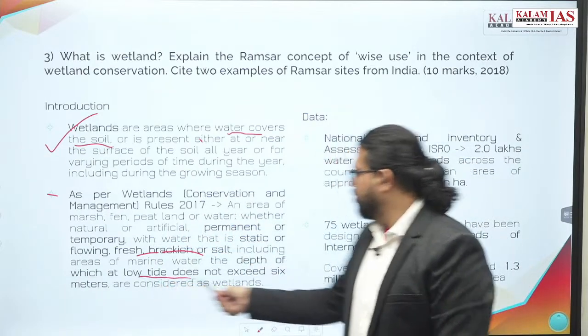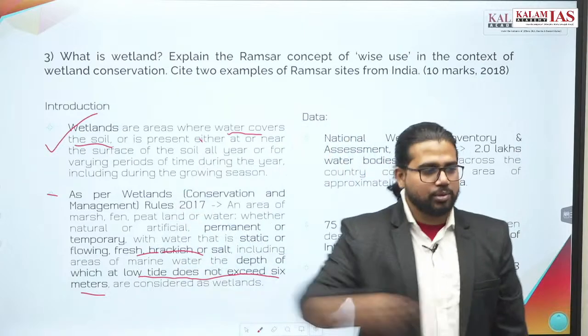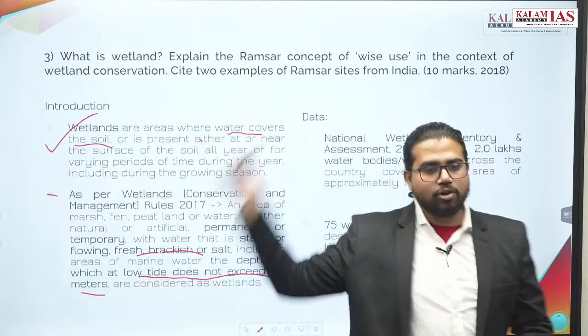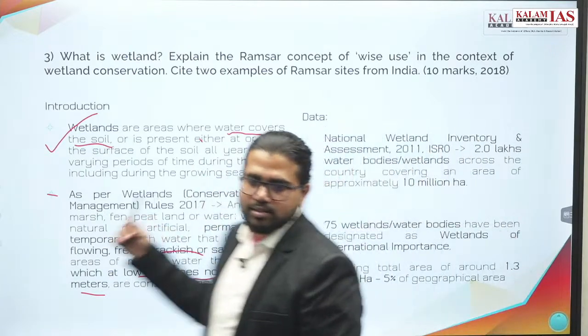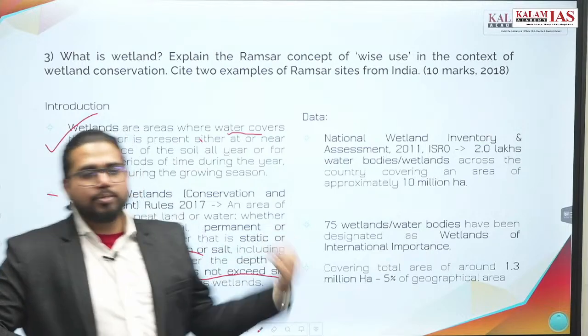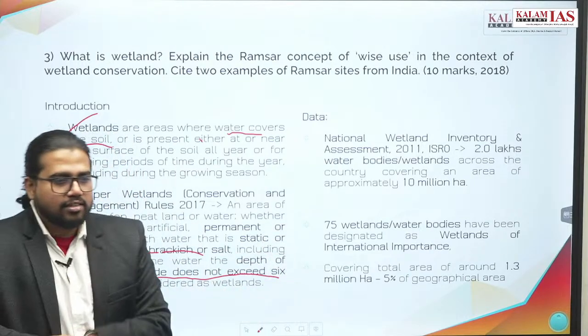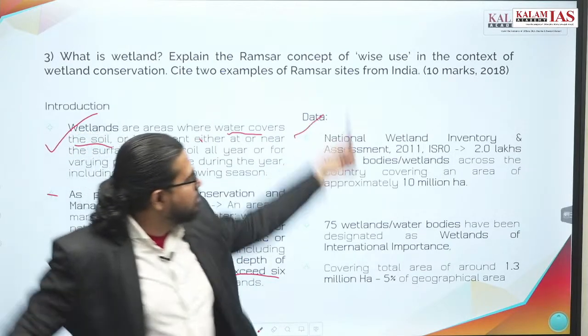The idea is low tide does not exceed 6 meters. Within 6 meter height, wherever water is standing, all we put inside the definition of wetland. Even not technical, but small lake with small depth, all this we put inside wetland. Okay.